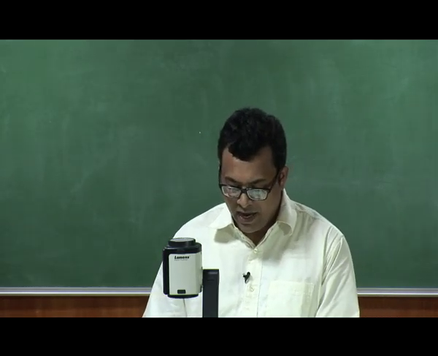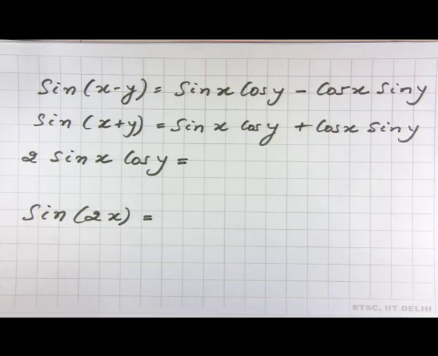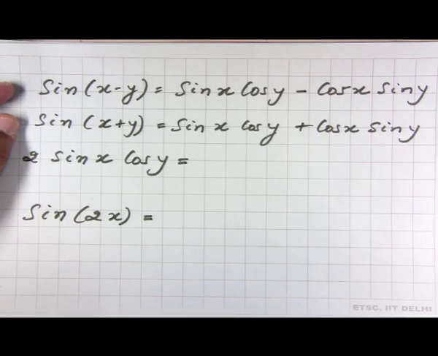So, now we have also derived the expressions for the sine of sum and difference of two angles, which is what we did in the previous couple of slides, and I have summarized the two equations over here.